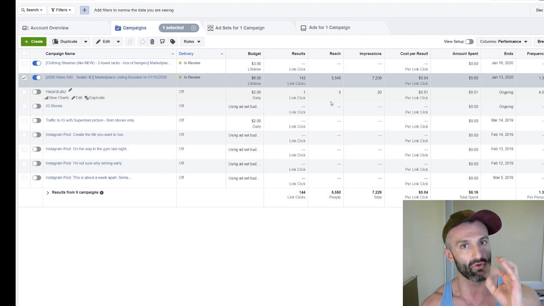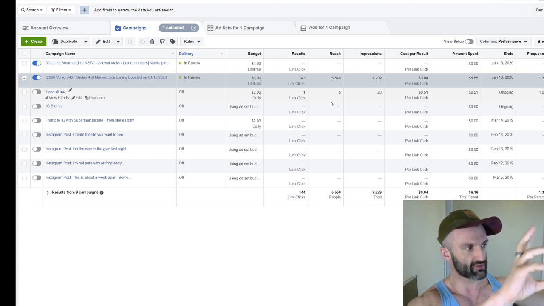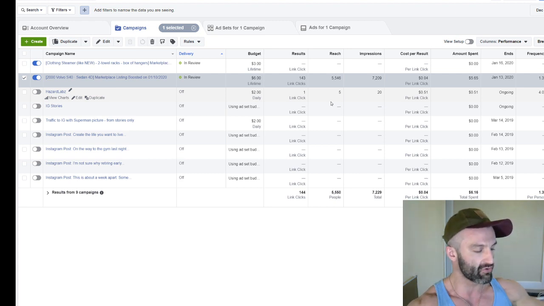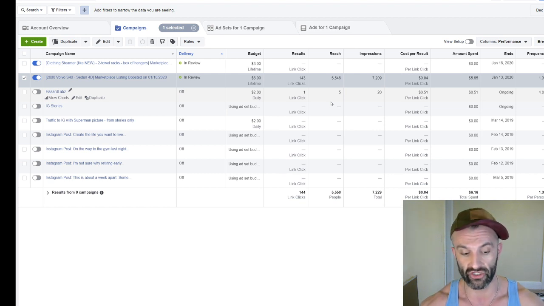Because think about if you actually made the ad so that it was optimized for what you were trying to achieve, whatever you're trying to achieve, right? So you just made it specific, native to that marketplace to be able to drive traffic. This could be some killer stuff here.